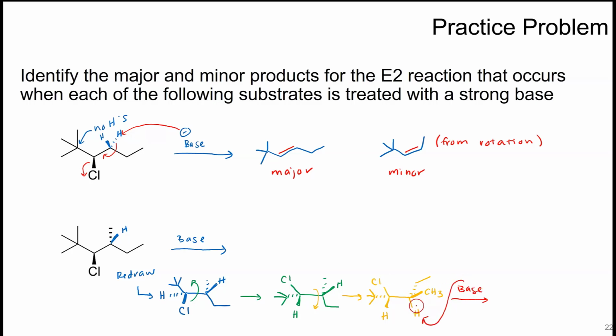This is now anticoplanar, so it grabs the hydrogen, these bonds go here, and that leaving group leaves. And the tert-butyl group is here on the same side as the ethyl. And then we have a methyl group here. So that is our product.